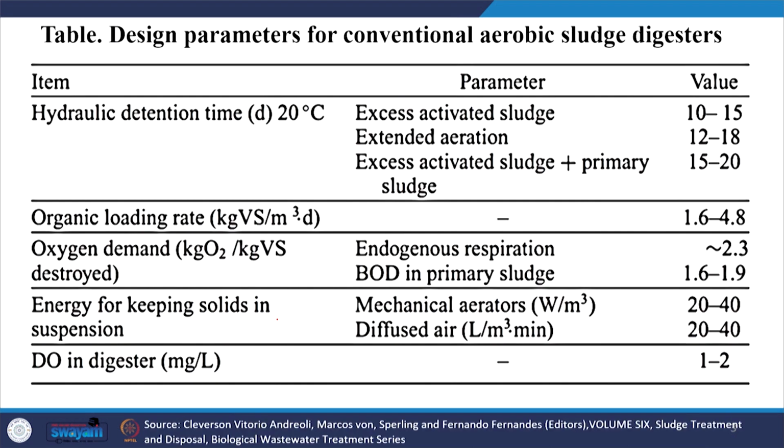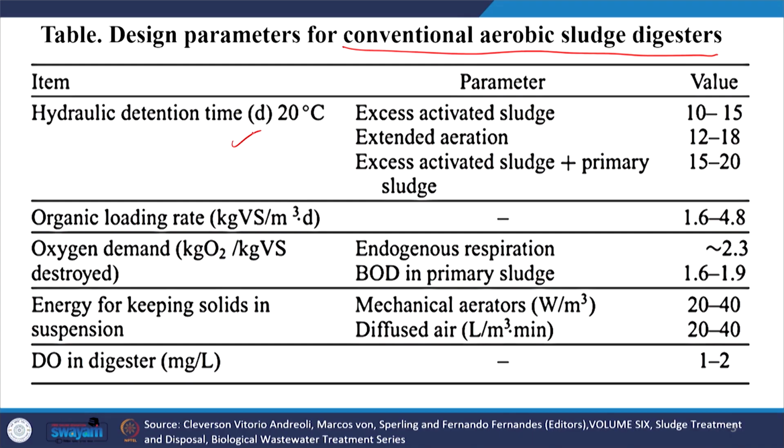Now, in the previous lectures we studied the design parameters for the anaerobic process. Today we will study the design parameters used for conventional aerobic sludge digesters. We have different items and parameters, and also the range of values.